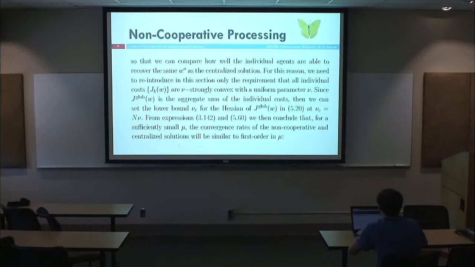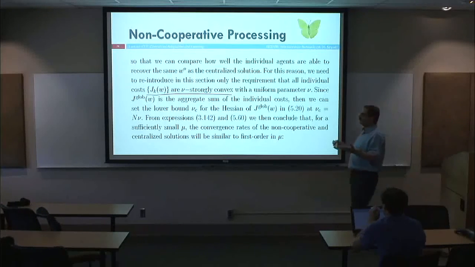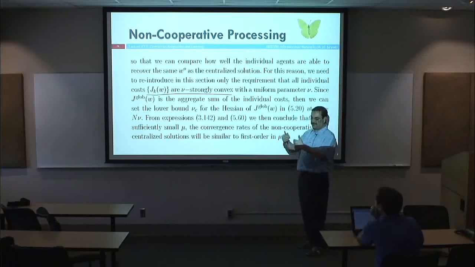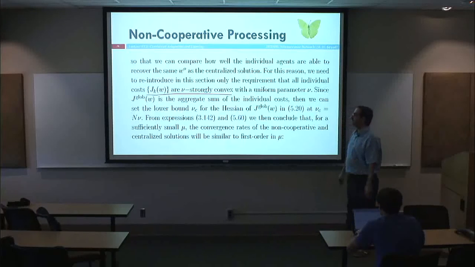And each cost is strongly convex. Let's assume that because I would like each problem to be well defined for that individual agent, to have a unique minimum at omega 0. So now I have to assume that each individual cost is strongly convex. I did not need that assumption for the centralized solution, right?